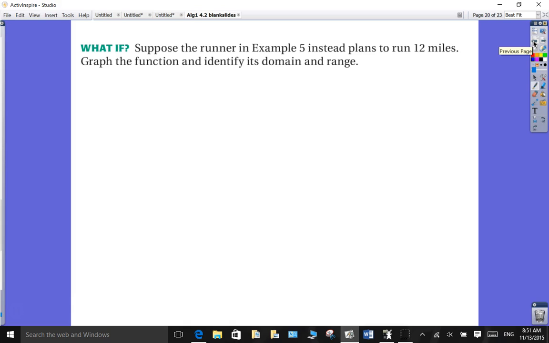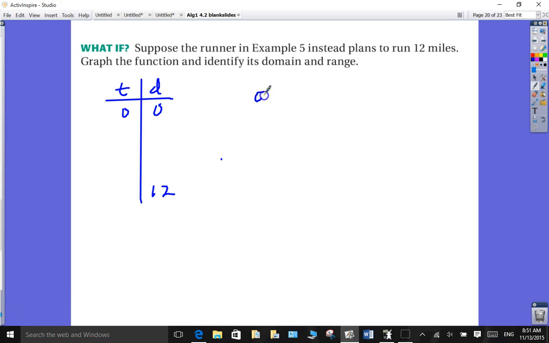So what if we adjust this to say he's going to run 12 miles? They didn't tell us the time, but they told us the distance. So now we can make our same table of values. It's t and d. It can start at 0, 0, but it's actually going to go all the way to 12.